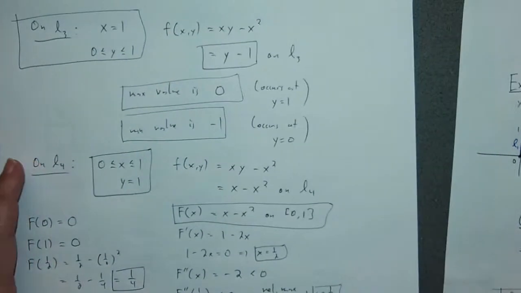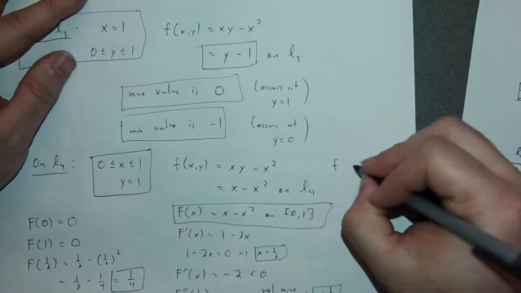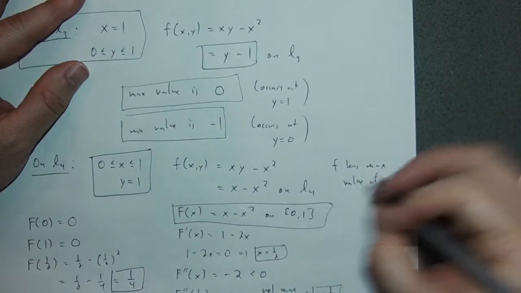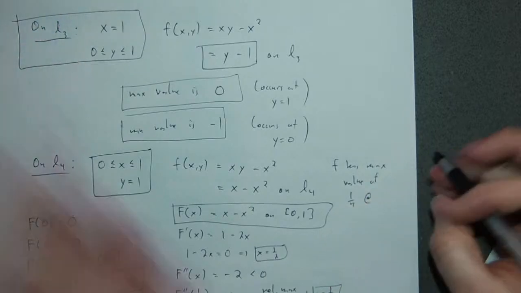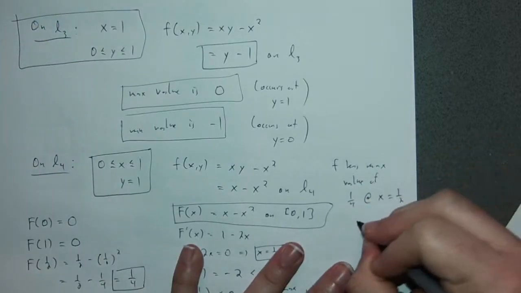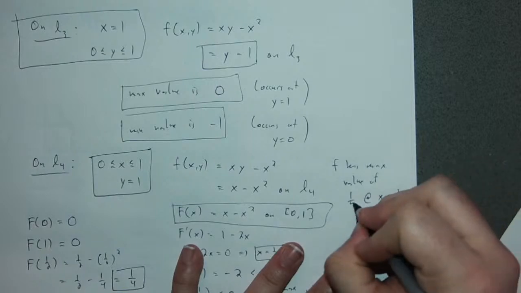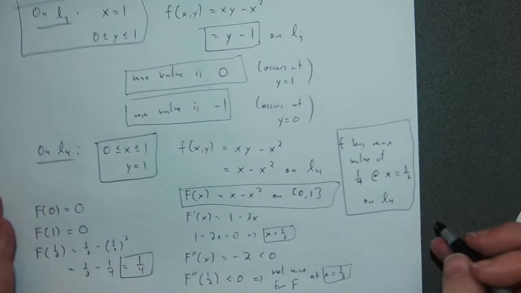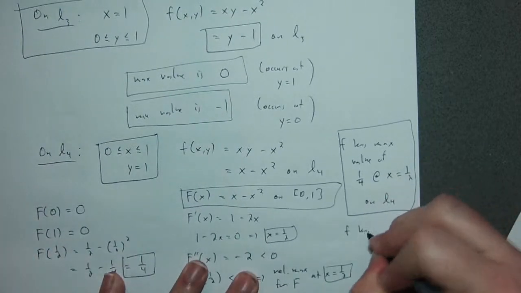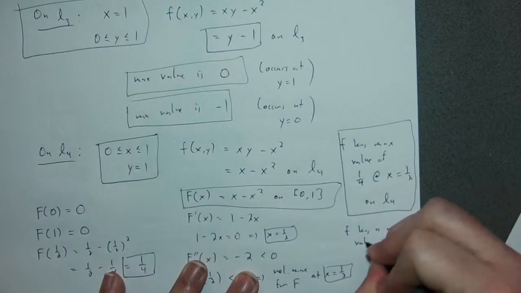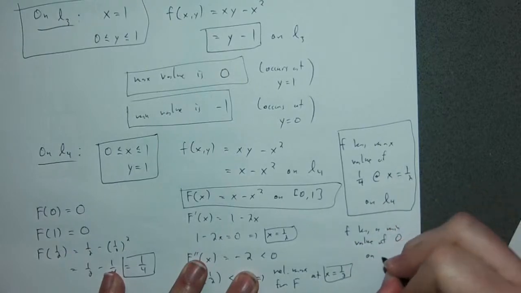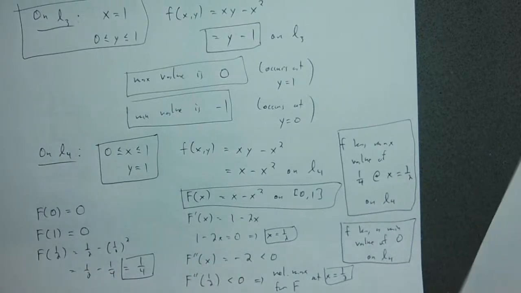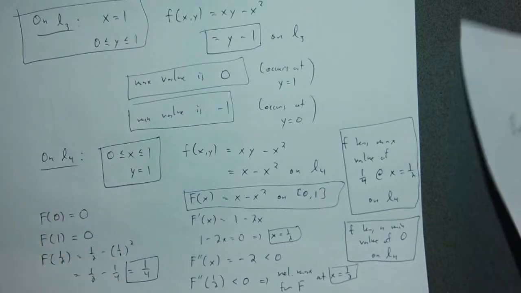And so what this means is that f has a max value of 1/4 at x equals 1/2 on this last piece, L4, the top. And f has a min value of 0 on L4, and that occurs at both x equals 1 and x equals 0. So it occurs at the corners.